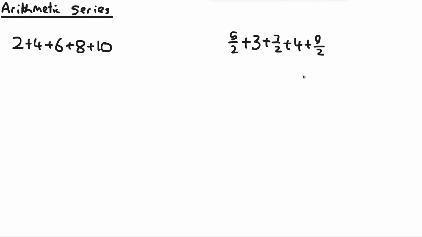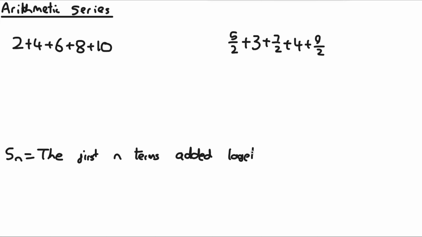Now another term when we talk about series is Sn, where Sn is the first n terms of a series added together, where n here is whatever the n is here in Sn. So for example, let's say that we need to find S2. This would be equal to the first two terms added together.